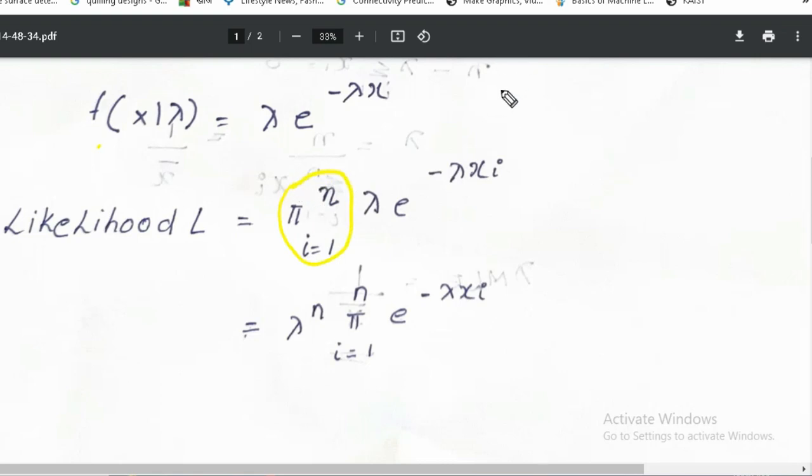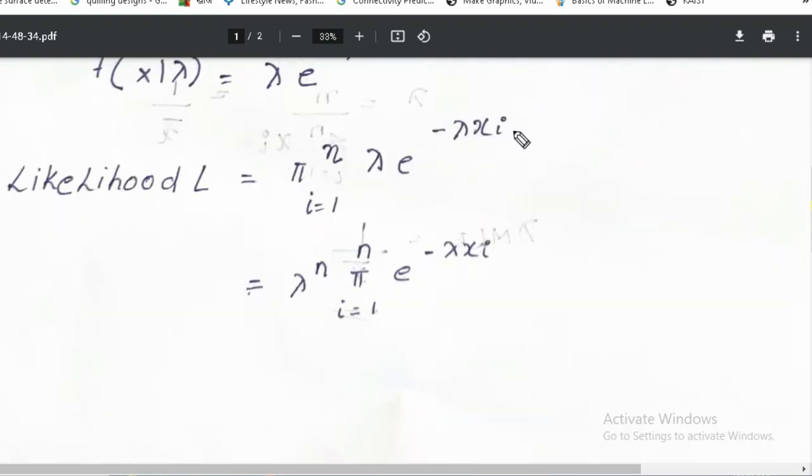In the question itself it is told that the data ranges from x1 to xn, so it can be written like this: lambda e raised to minus lambda x1, then into lambda e raised to minus lambda x2, till lambda e raised to minus lambda xn.